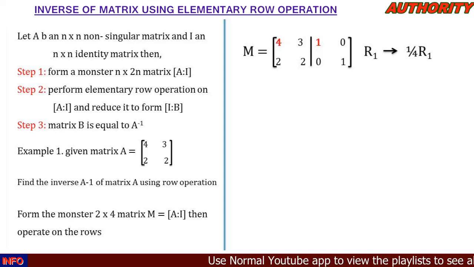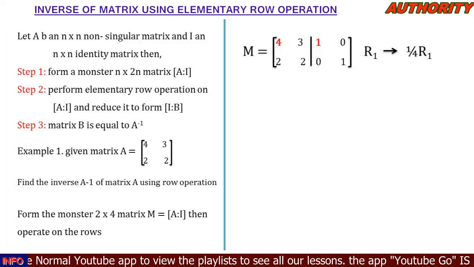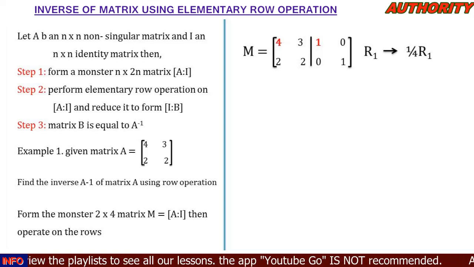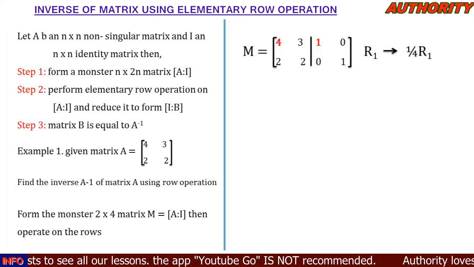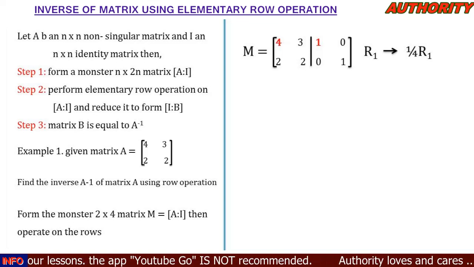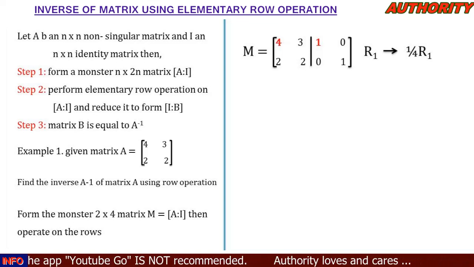We have M, which is the monster matrix. Here we have our first matrix, which is 4 3 2 2. Then we have a line, and then we have the 2 by 2 identity matrix, that is 1 0 0 1. Now we have formed the monster matrix.